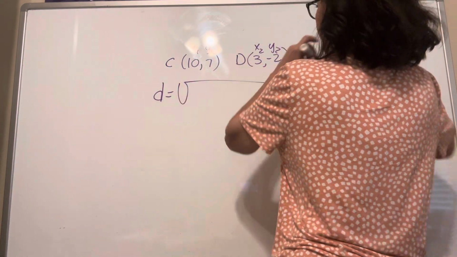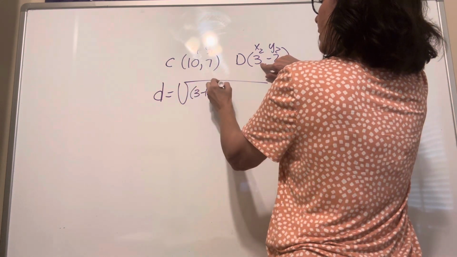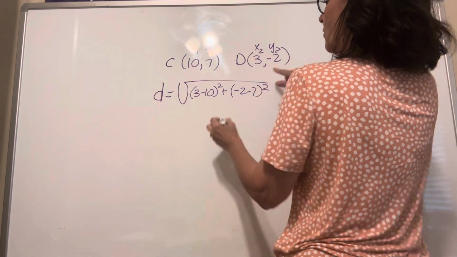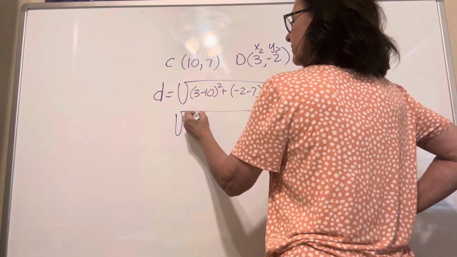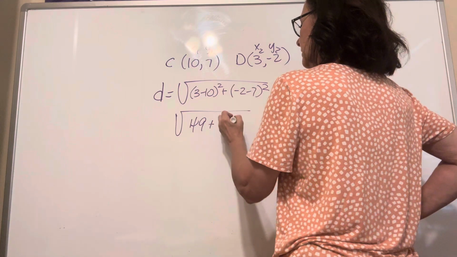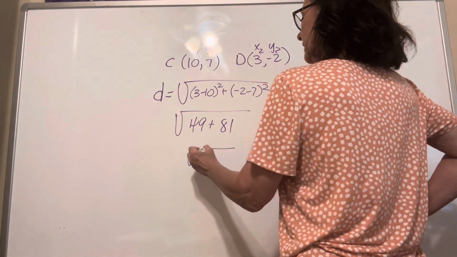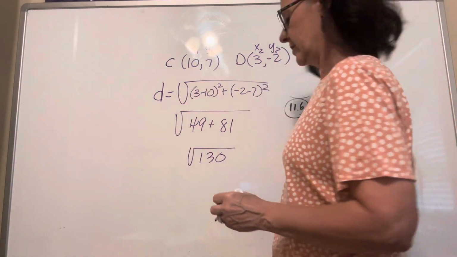Distance is the square root of 3 minus 10 squared plus -2 minus 7 squared. That's -7 squared, which is positive 49. That's -9 squared, which is positive 81. That's 130, so it's the square root of 130. It's the same. All right, 28, 29.